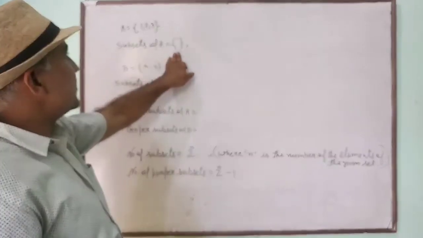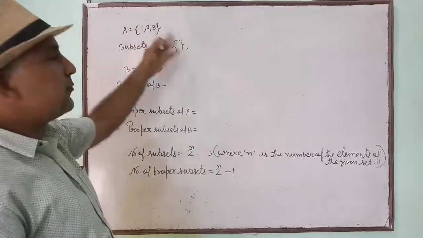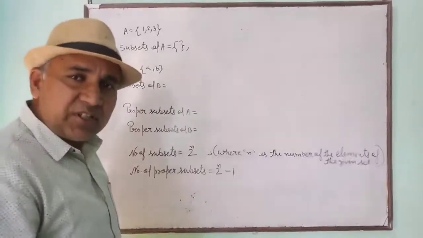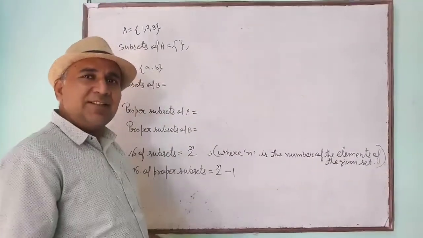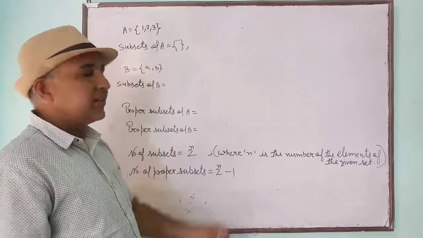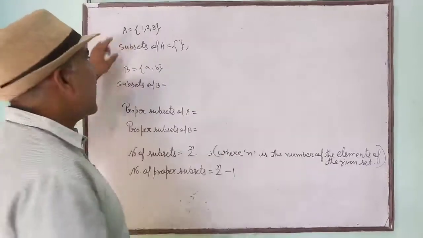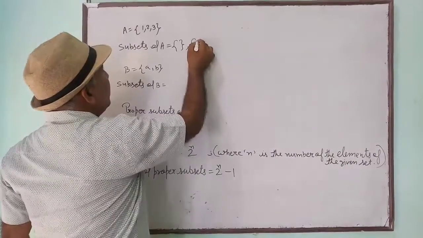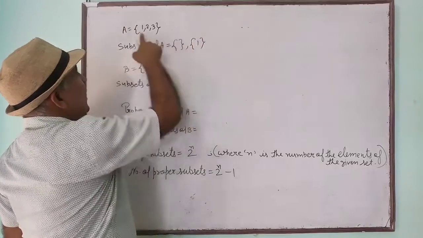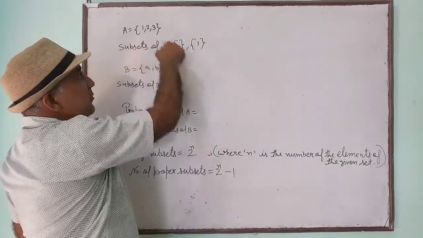We write the empty set, which is a subset, because empty means nothing, and nothing is present everywhere. That is why the empty set is a subset of all the given sets. After that, first we take one element and make sets.